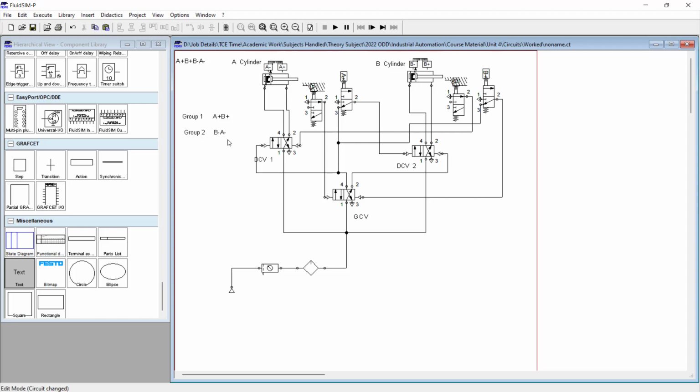Okay, and similarly B minus and A minus, both receive power from power line 2. This is power line 2 from the second port. A minus and B minus receive the power from power line 2.